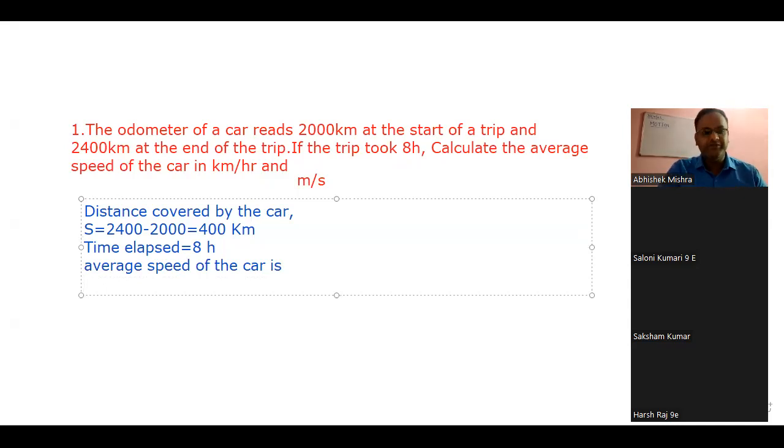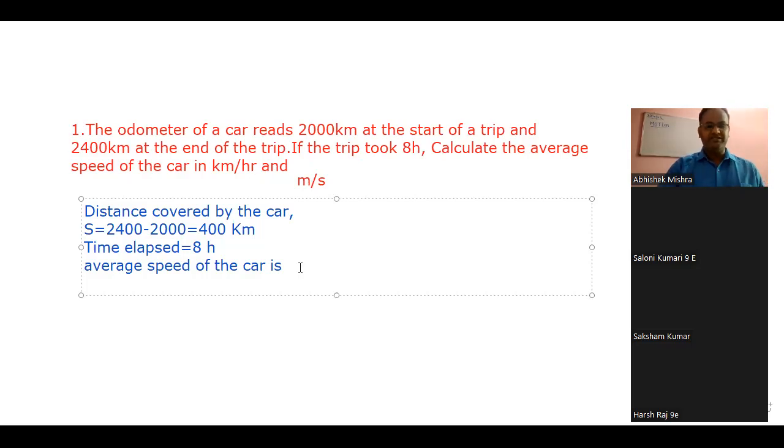Students, can you recall what the formula for the average speed is? Write in the chat box. Average speed, Jyoti, I have not said average velocity. We are going to calculate the average speed of the car, not the average velocity. Correct, Harsh. Total distance by the time taken. Very good.